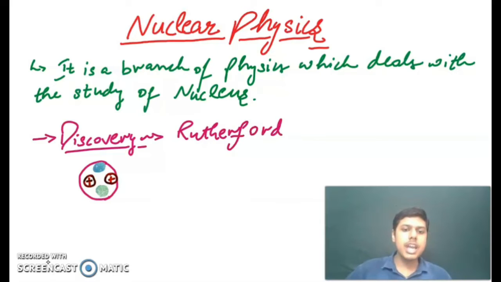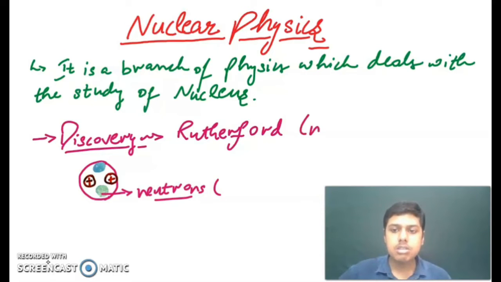Now you can see the diagram of a nucleus here. You can see these positive charges, these are the protons, and these empty holes, I would say, are chargeless. They are basically the neutrons. Now see, the discovery of nucleus was performed by Rutherford.